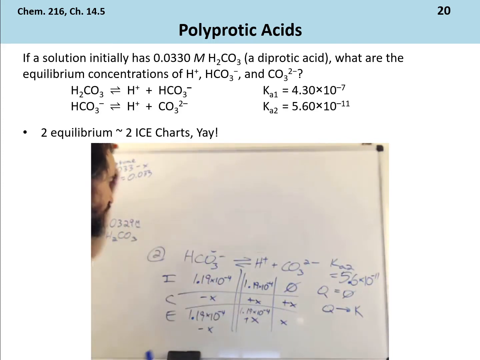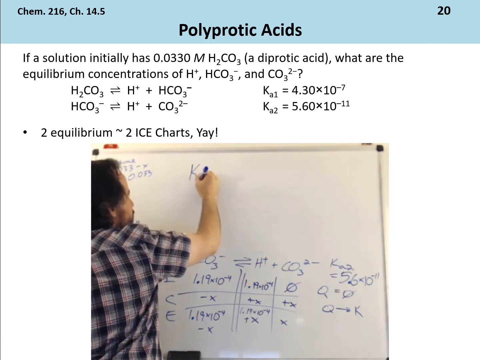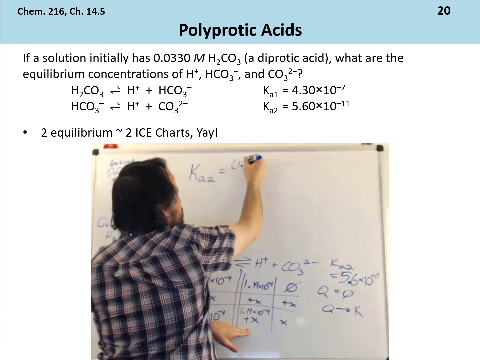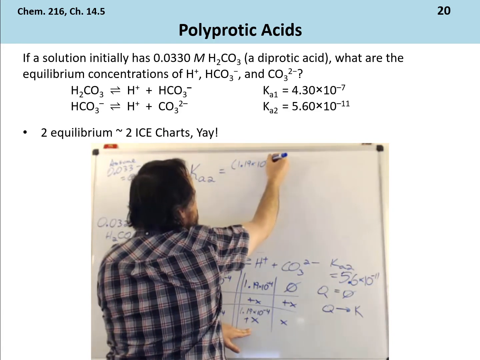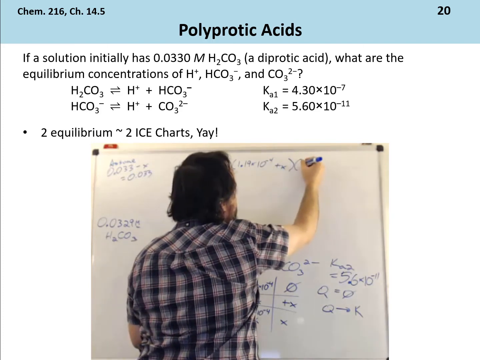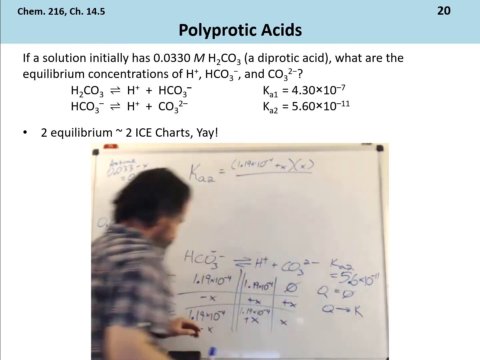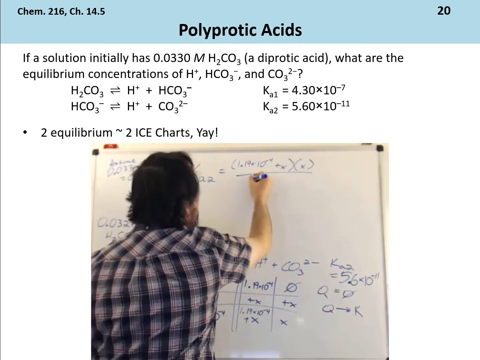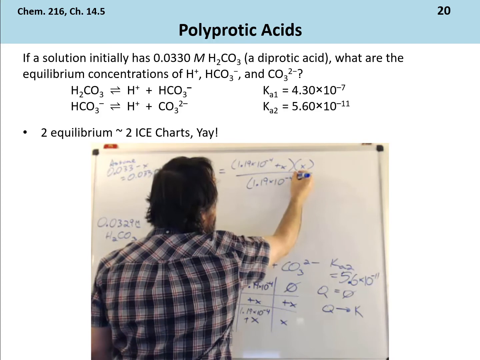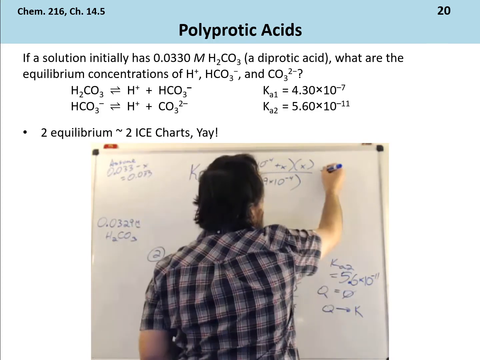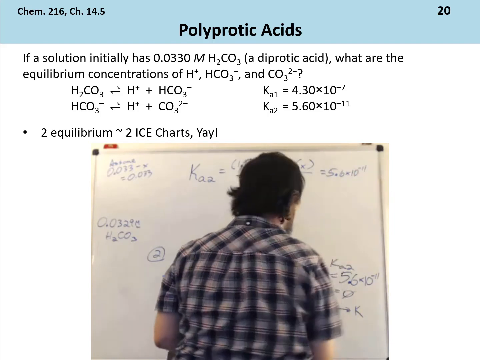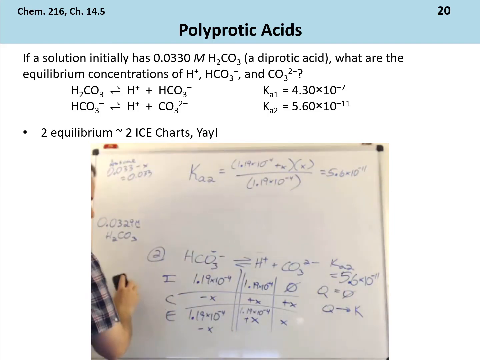Now that I have these equations, I can say Ka2 is going to be this times this over this, equals 5.6 times 10 to the negative 11.